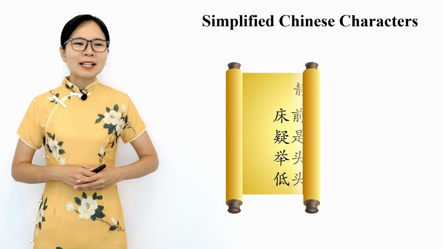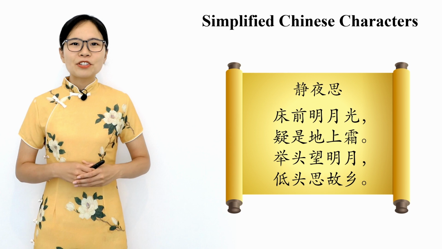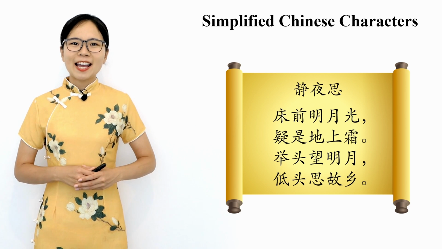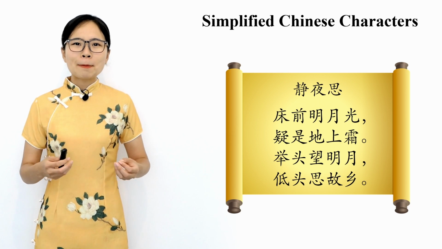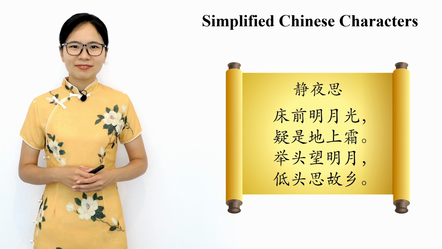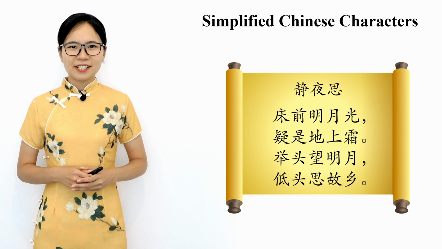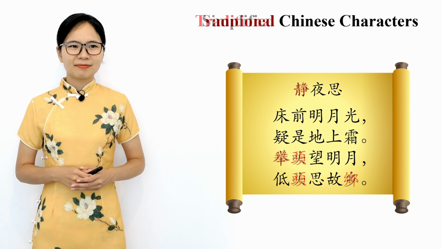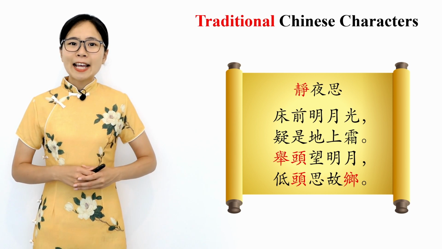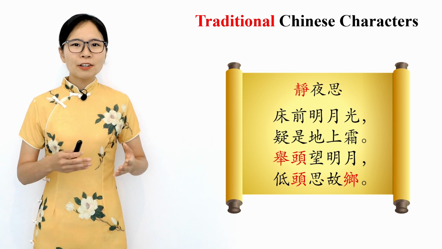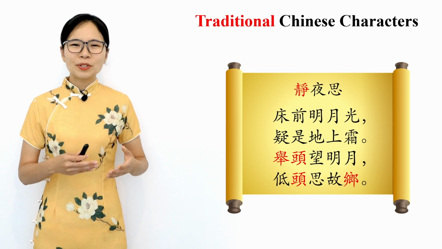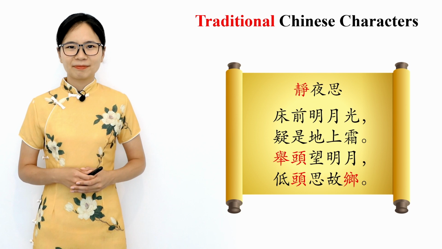Here is the poem Jing Ye Si, written during the Tang Dynasty by Li Bai, the most famous poet in China. Here you see it written using simplified Chinese characters. And here is the same poem written using regular script, also known as traditional Chinese characters.